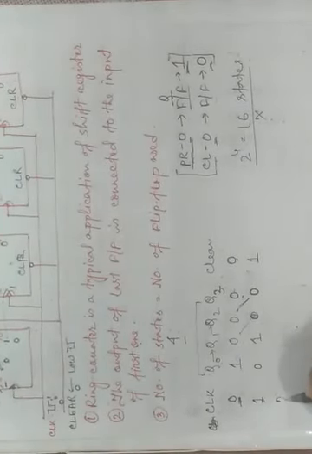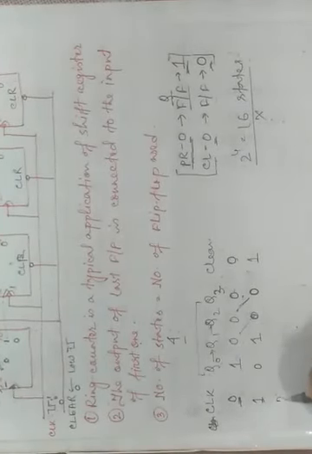So Q3 is 0, so Q0 goes to 0. Q0 goes to Q1, Q1 goes to Q2, Q2 goes to Q3.